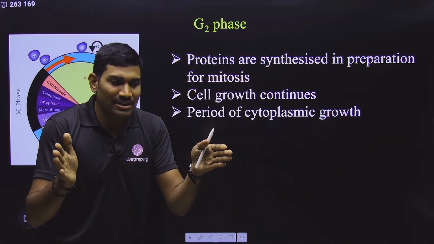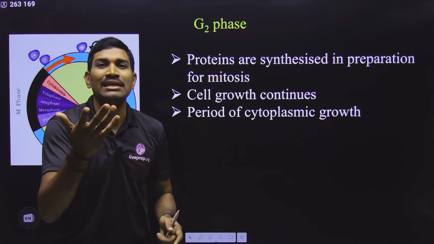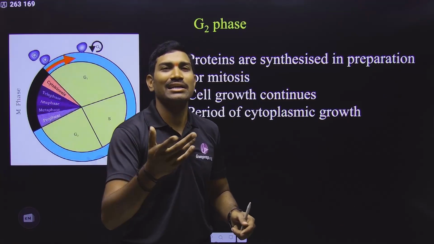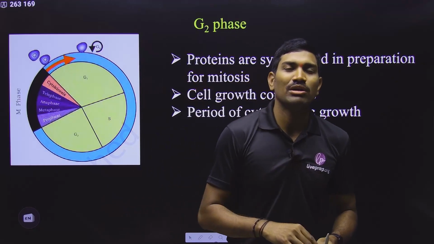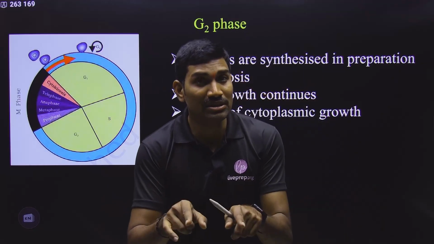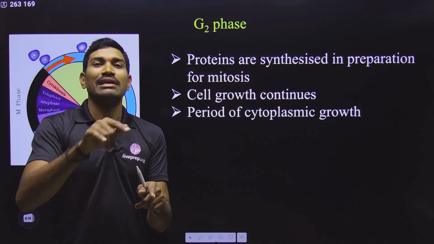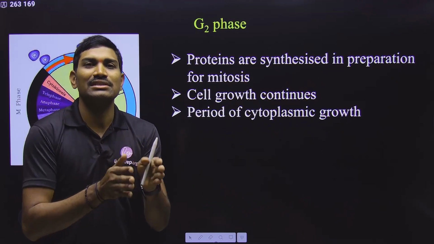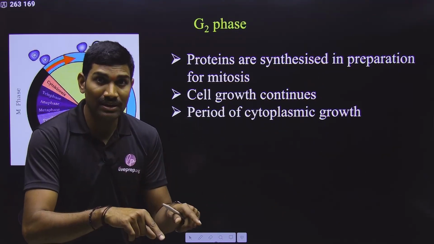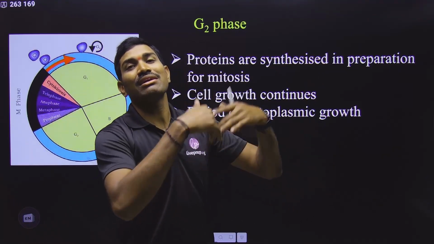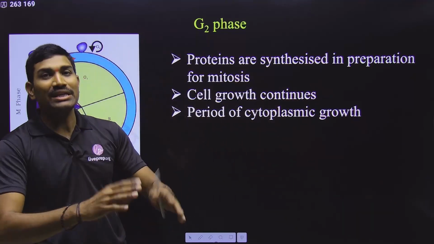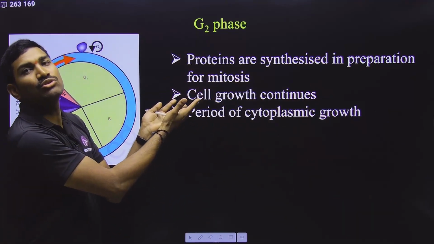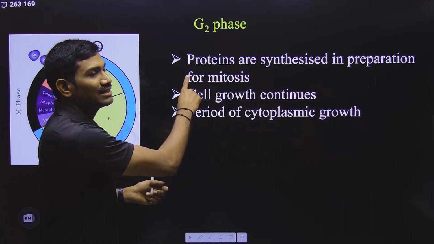So in the M phase, because of chromosome condensation, transcription does not occur. mRNA is not produced, and if mRNA is not produced, there is no protein synthesis. That means within M phase, M proteins cannot be produced because the DNA is in the condensed form. So that's why proteins required in the M phase should be produced in advance. In advance means which phase? G2 phase. This is the logic, interlink it.